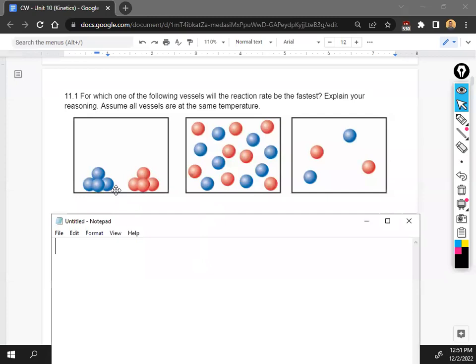Alrighty, guys, let's go over the answer for 11.1. First and foremost, which one has the fastest reaction rate? Which one do you think is the fastest? 1, 2, or 3? 2. Yeah, 2. Good. Now for your reasoning, it should be as clear and concise as possible. First thing you want to mention is that it has the most area of contact between reactants. And then the second thing you can say is, what else?